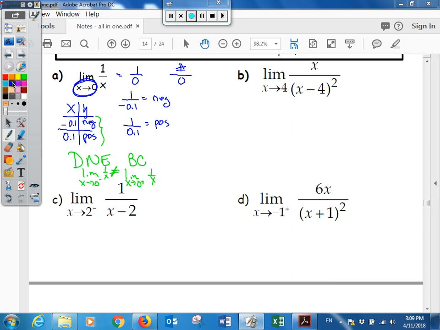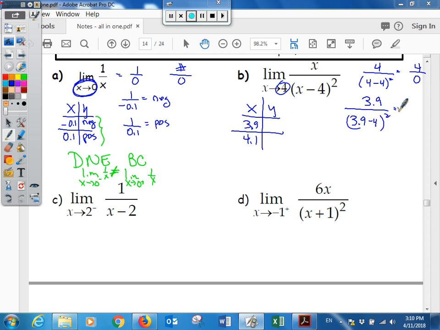Okay, look at the next one. I'm approaching 4 this time, so plugging in a 4 in the numerator, and 4 minus 4 squared in the denominator, gives me 4 over 0 again, which means I have to test on the left and the right of this 4. 3.9 is on the left, 4.1 is to the right. If I plug in a 3.9, notice in the numerator I've got positive, and in the denominator it's squared, so it's always going to be positive.